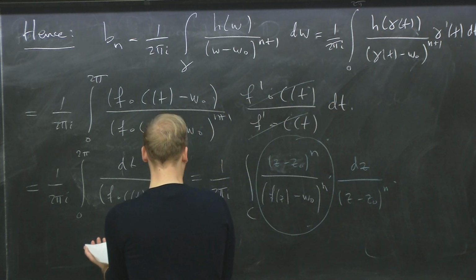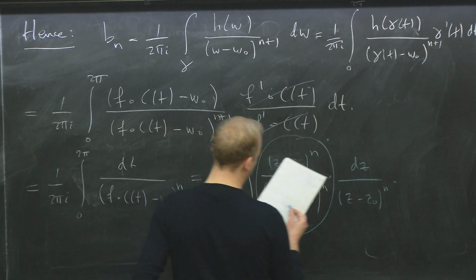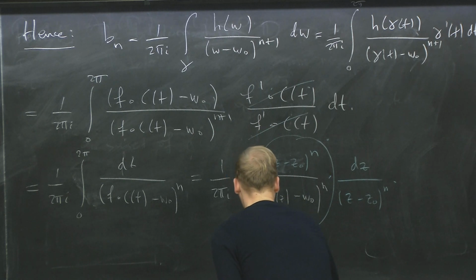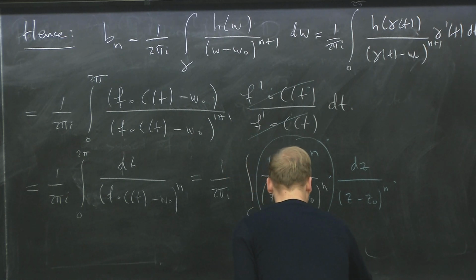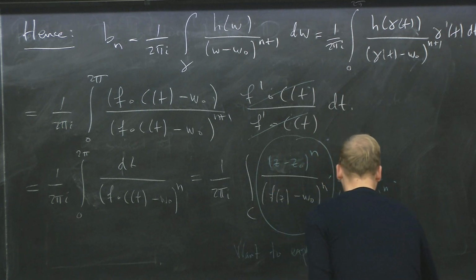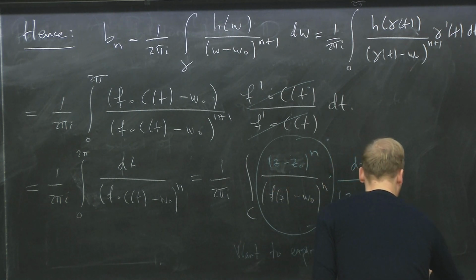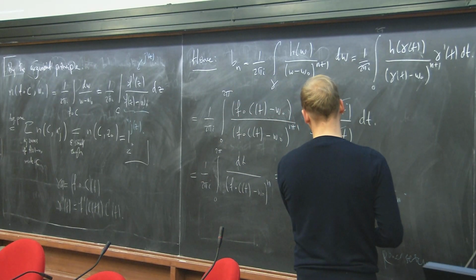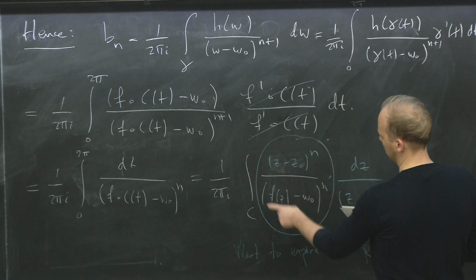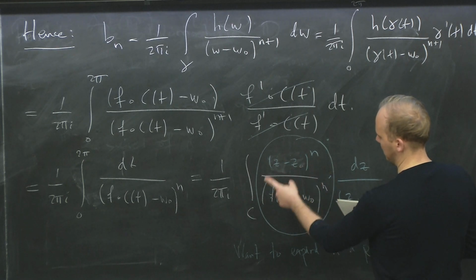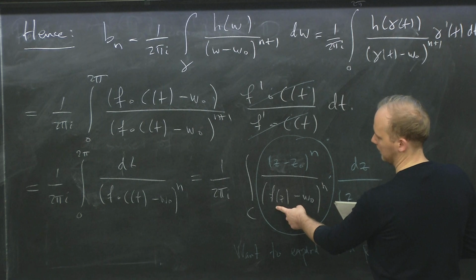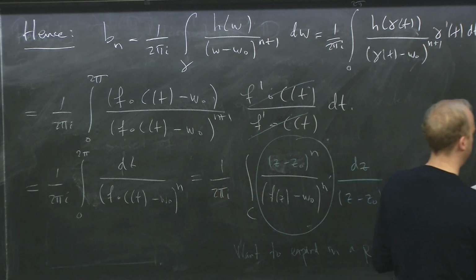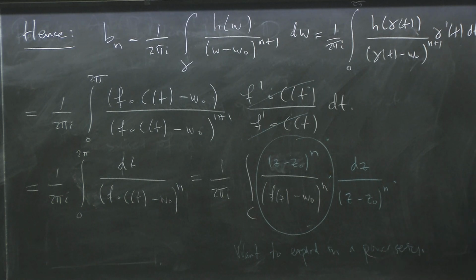The next step in order to proceed is that I want to expand this in a power series. When I expand this in a power series, this is f of z0, and this will clearly depend on the coefficients of f in a certain way. So let's see how it depends on the coefficients of f.